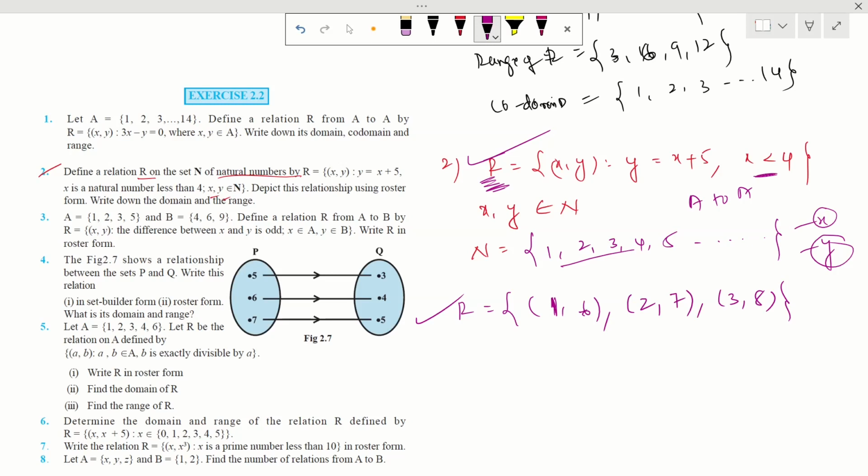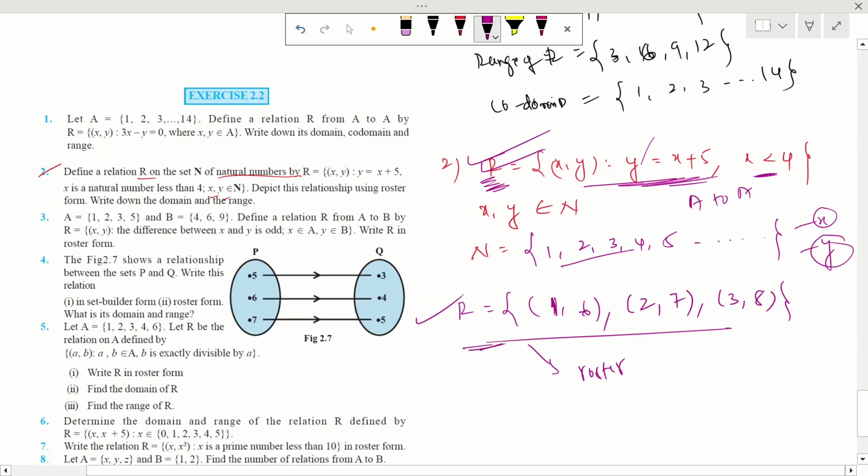Now depict this relation using roster form, and write down the domain and range. The relation was given in set builder form, and we are writing it in roster form here.